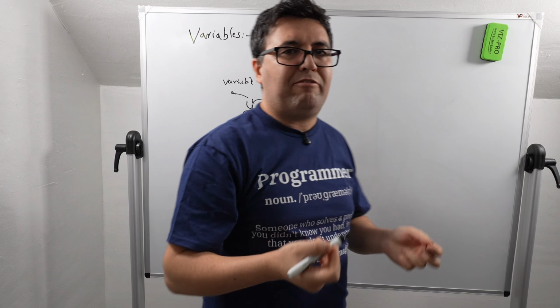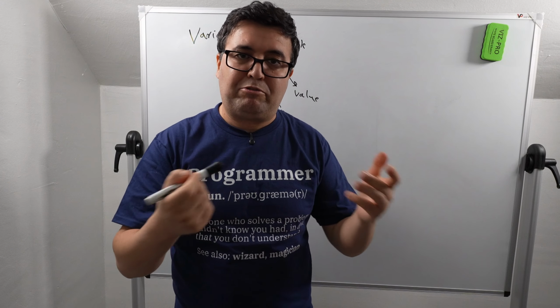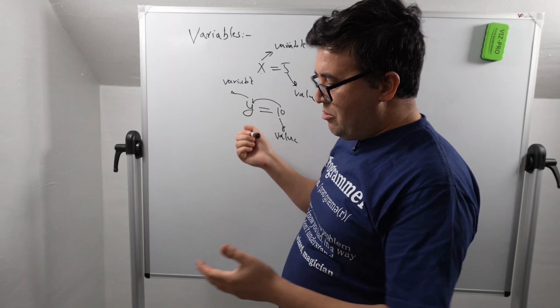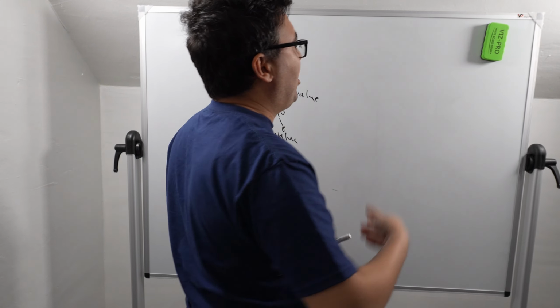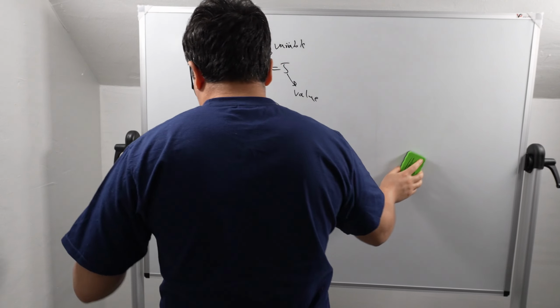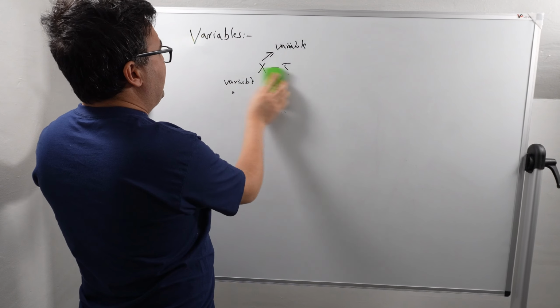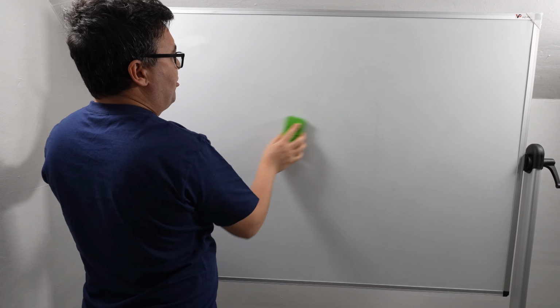So we already have some information about variables. In the same way, we can use variables in programming to store our information. So how can we declare a variable in a program?